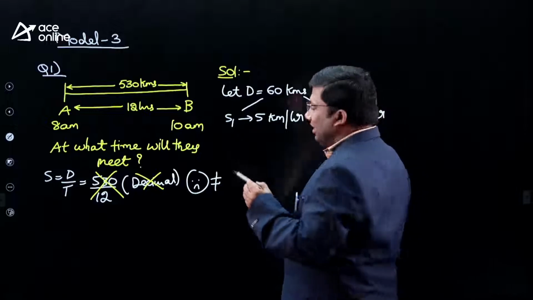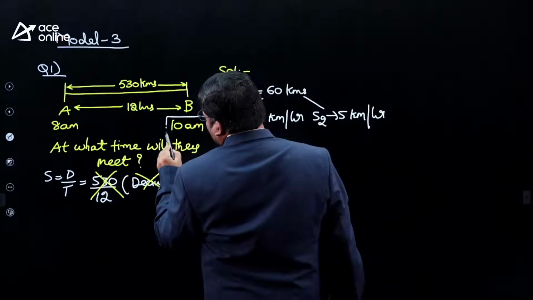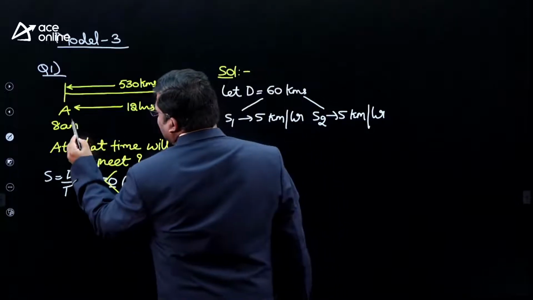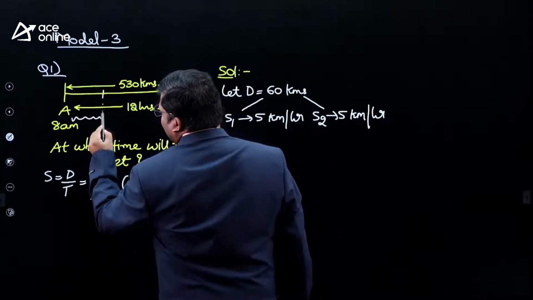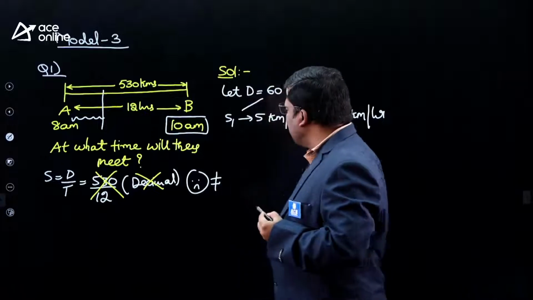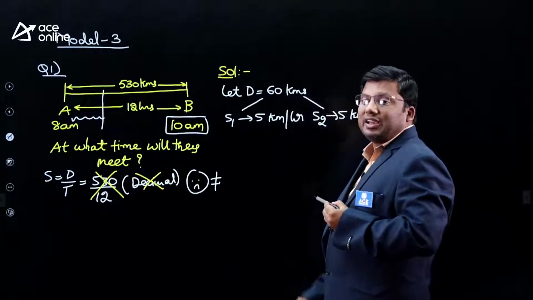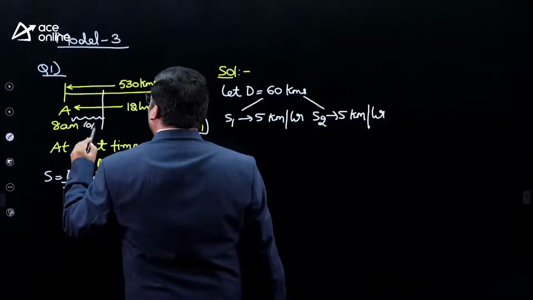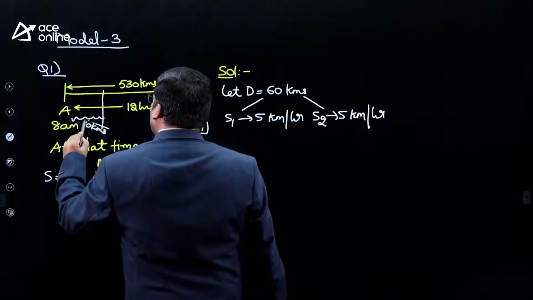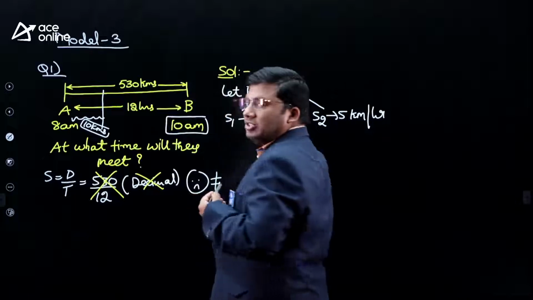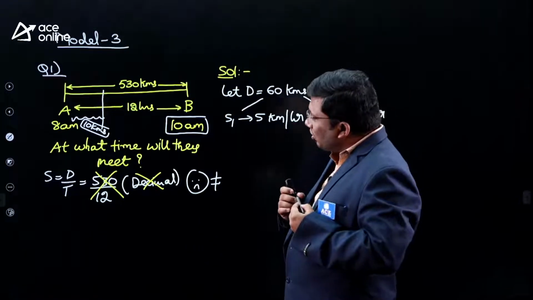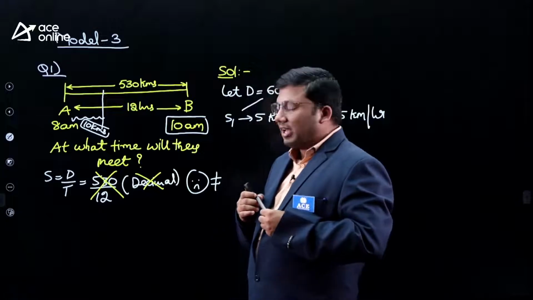The second train started at 10 a.m., which means the first train would have traveled for 2 hours. 1 hour is 5 kilometers, so 2 hours means it would have traveled 10 kilometers. Still clear?